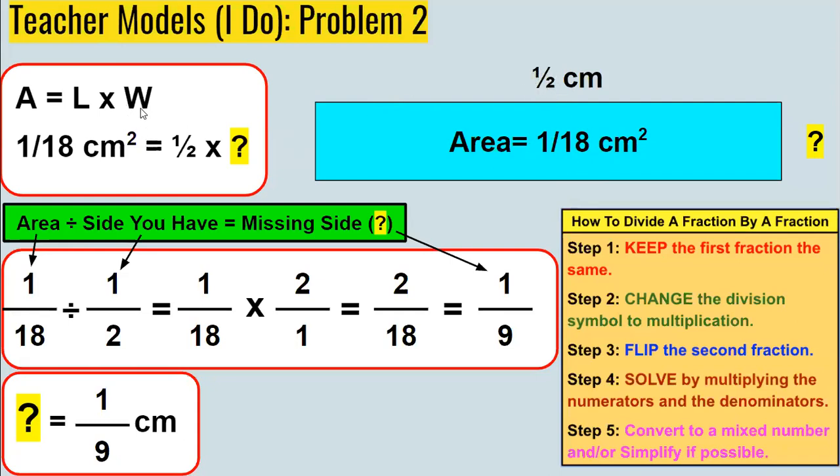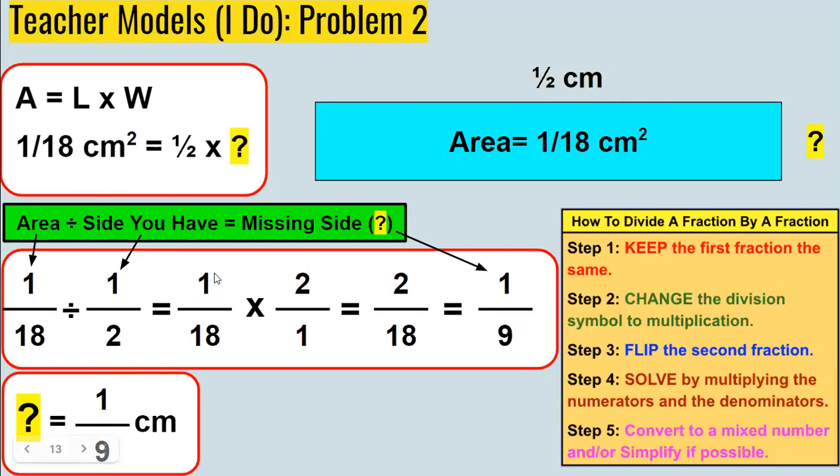We don't know the width. So we're going to do exactly the same thing. It doesn't change. We're going to divide the area by the side that we know, by the length. So we have 1/18, which is our area, divided by 1/2, which is the side that we have.